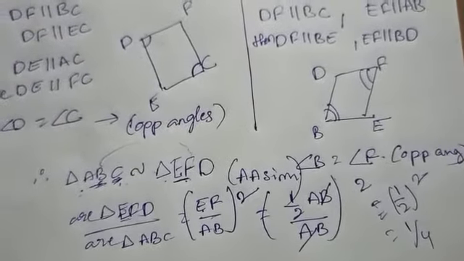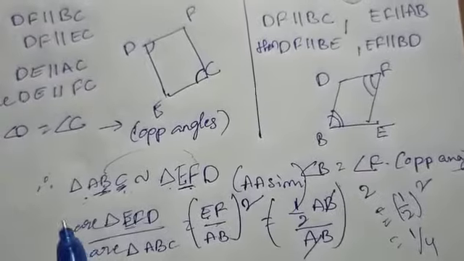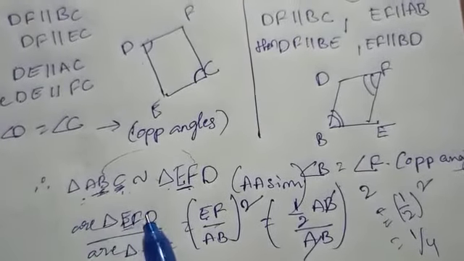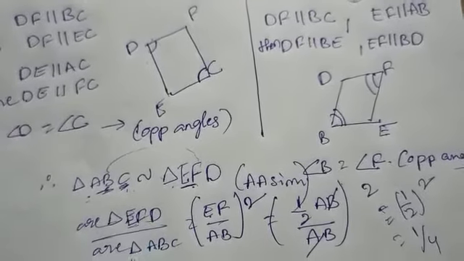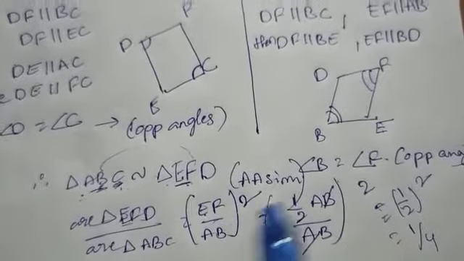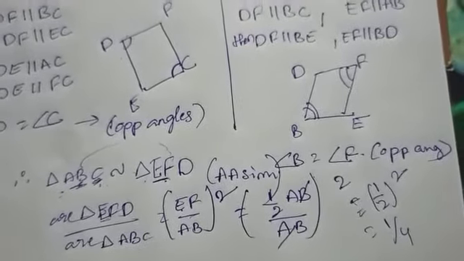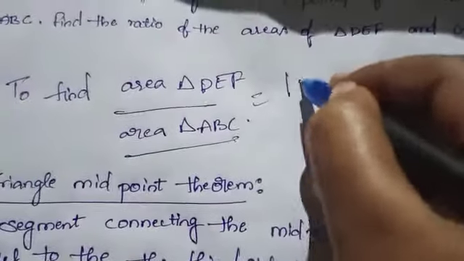Therefore, area of triangle EFD, or DEF, by area of triangle ABC equals 1:4. This value is 1:4.